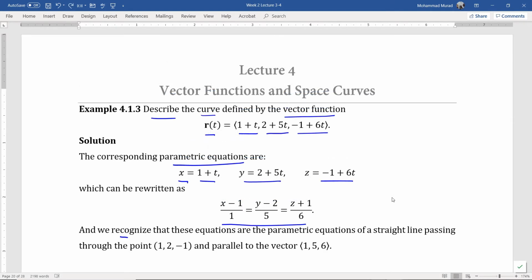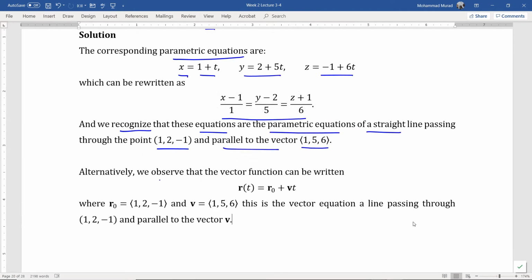And we recognize that these equations are the parametric equations of a straight line passing through the point with coordinates 1, 2, -1 and parallel to the vector with components 1, 5, 6, as shown in the denominators of the equations.